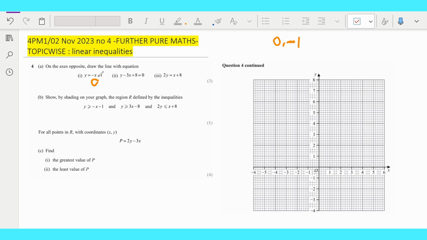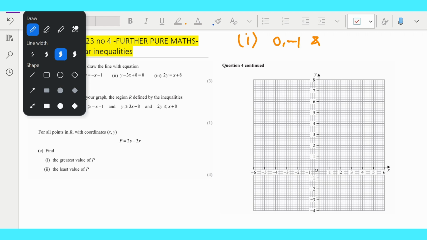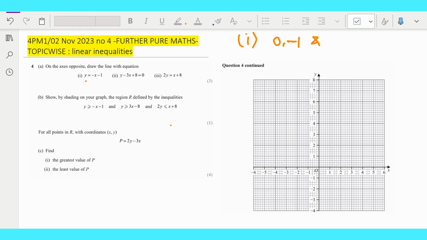From the first part, and then if we take y equals 0, it will be 0 equals negative x minus 1.